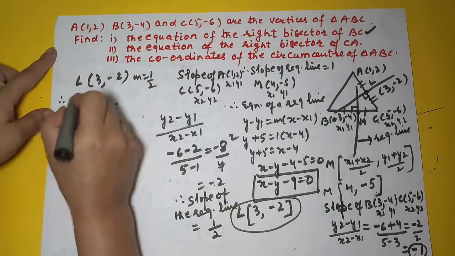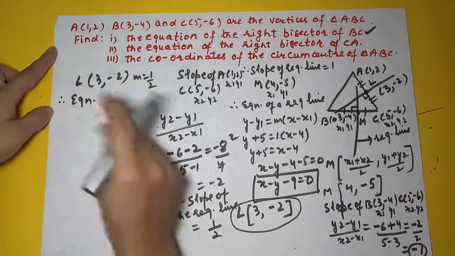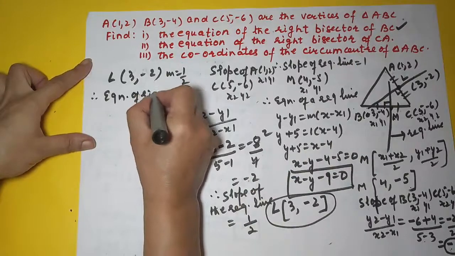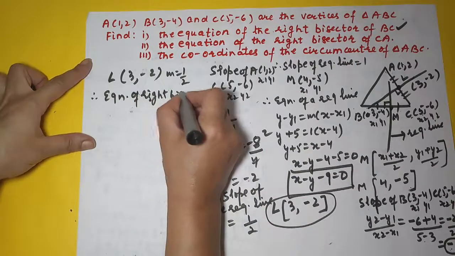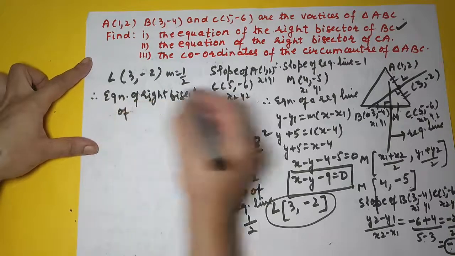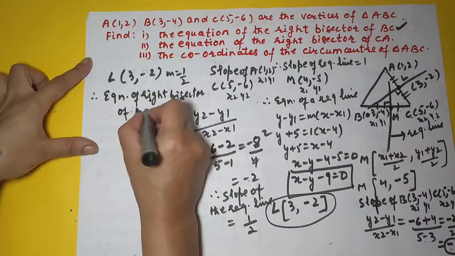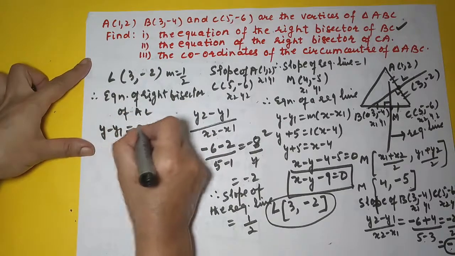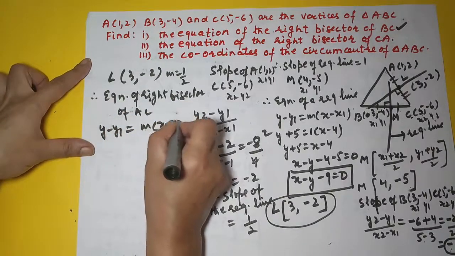You can find the equation of right bisector of AC as y minus y1 equal to m times x minus x1.